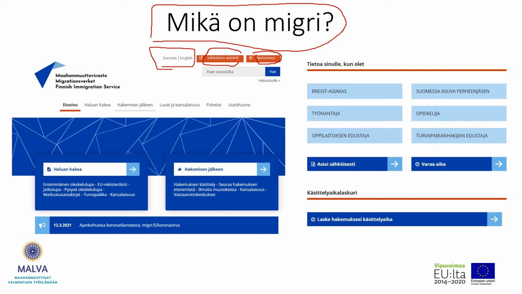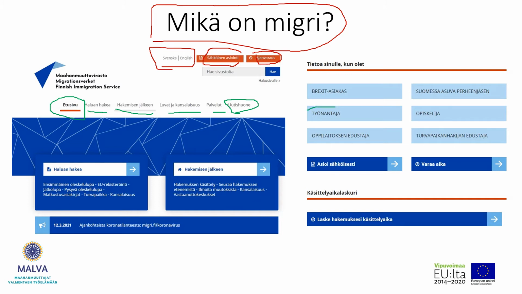And then here you can see, as I already told, that we are on the home page. Then here is information about I want to apply, then what happens after applying, then permits and citizenship, other services, and information regarding the new or current situation related to visa.